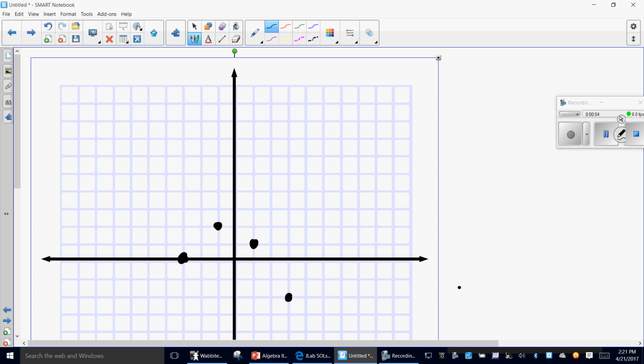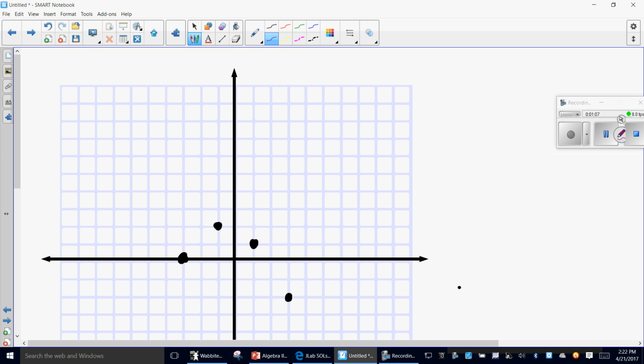We know domain is all of the x's and range is all of the y's. What would be the first thing that we would do? How many of us were able to go straight into the domain and straight into the range? So I probably had a couple.